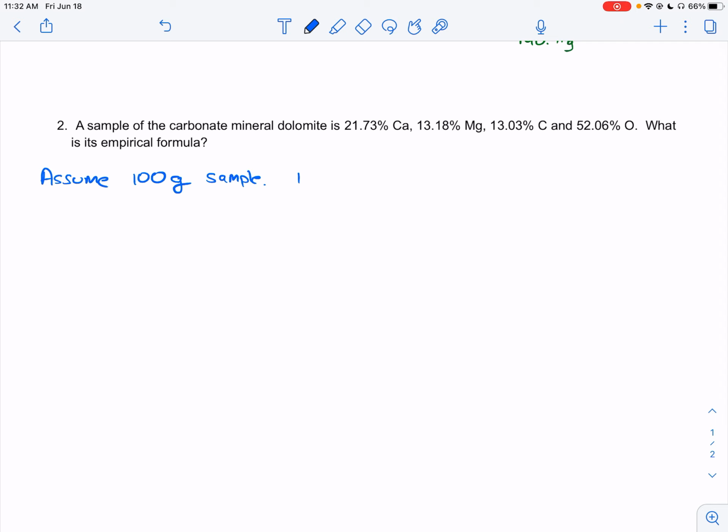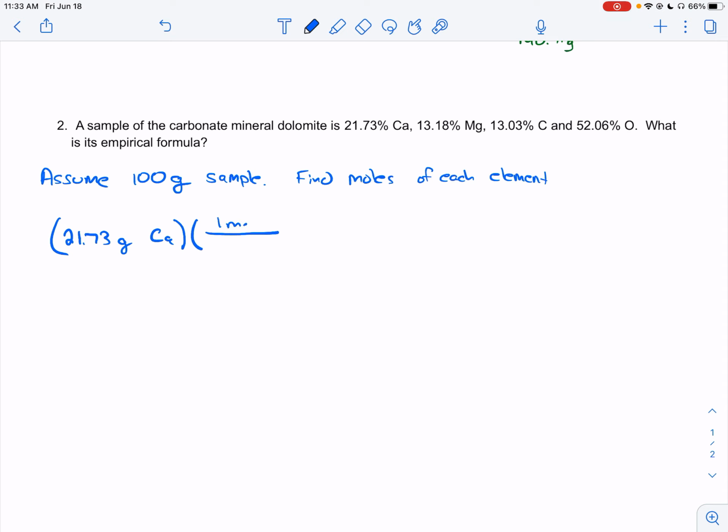And then we're going to find moles of each element. So if I had 100 grams of sample, then we know we'd have 21.73 grams of calcium. Now I'm going to divide by the molar mass.